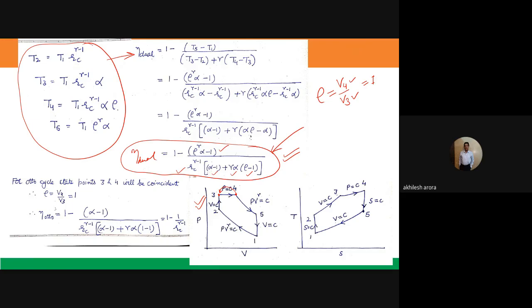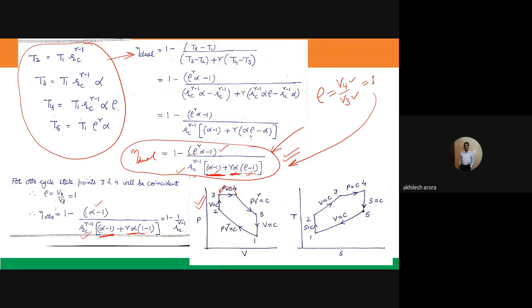So if you put rho equal to 1 in this expression, we should get the efficiency of the Otto cycle. Let us see if we get it. When you put rho as 1, the remaining terms are alpha minus 1, RC raised to power gamma minus 1, alpha minus 1 plus gamma alpha times rho minus 1.